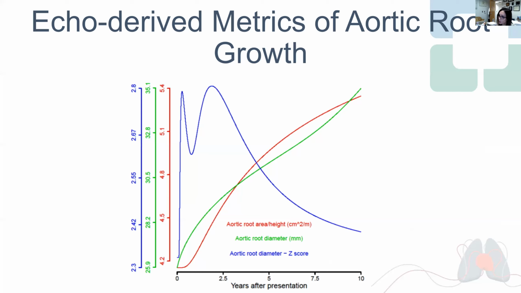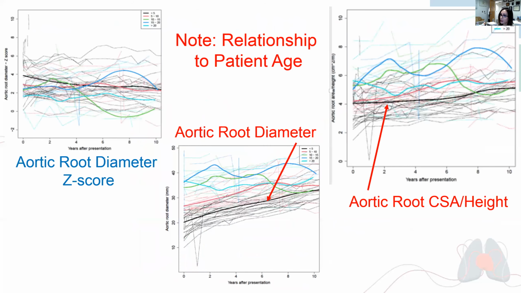The Z-score, which ranged from 2.3 to 2.8, did not track as well with the years of presentation. So over time, the Z-score did not correlate as well with raw diameters as did the CSA over height index. The reasons why might be seen in these stratified plots with smoothing splines.